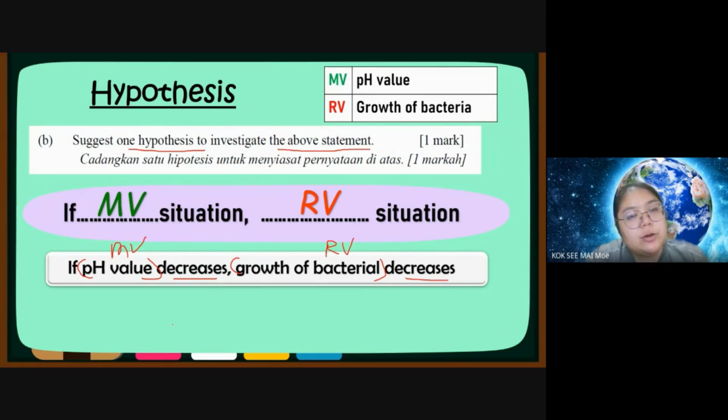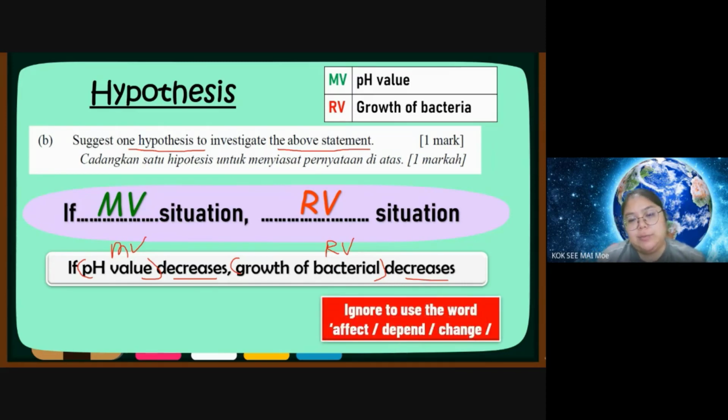Okay, then we go to other hypotheses. We have other shapes. Something is important here: ignore, you cannot use these words. Ignore the word affect. Don't say, oh, pH value will affect the growth of the bacteria. No. They do not accept the word affect in a sentence like this. Number two, you also cannot say depends, or the growth of bacteria depends on the pH value.